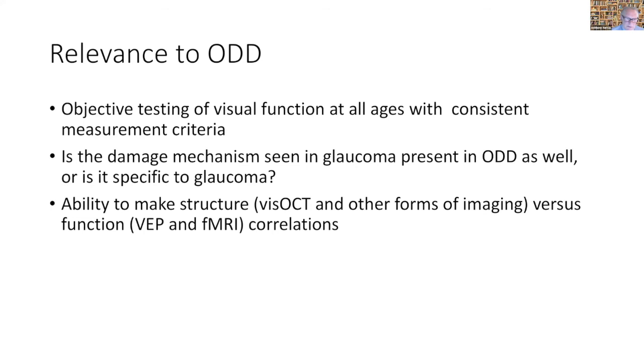And we're particularly excited about making structure-function correlations. Alf Dubra and colleagues are developing some new visible light OCT techniques that have much better resolution. We'll be able to actually image the separate on and off ganglion cell layers in the inner plexiform layer, and then make very direct structure-function correlations between retinal layers and the cortex.